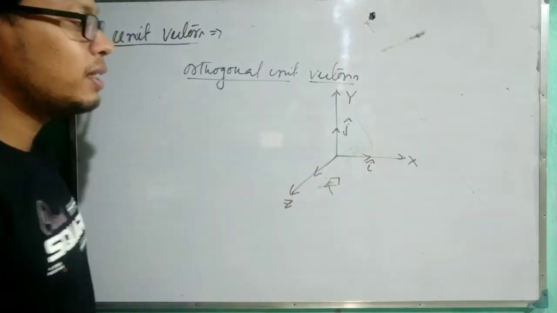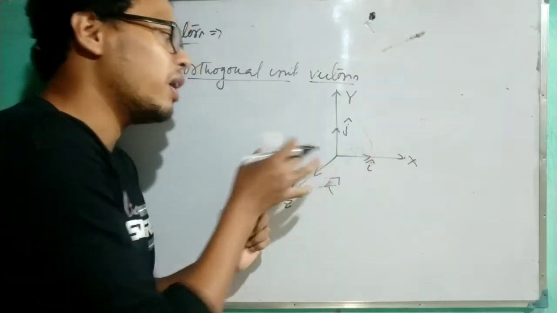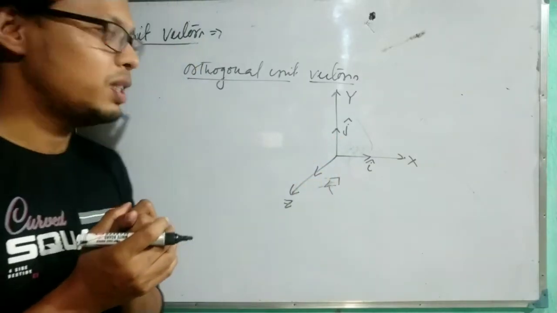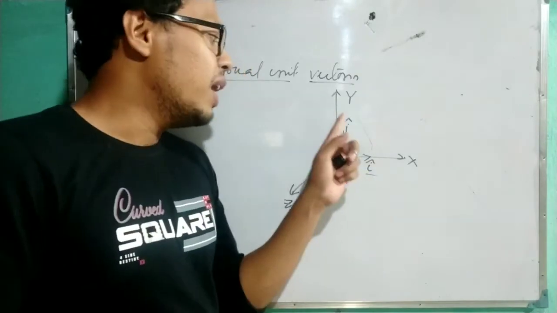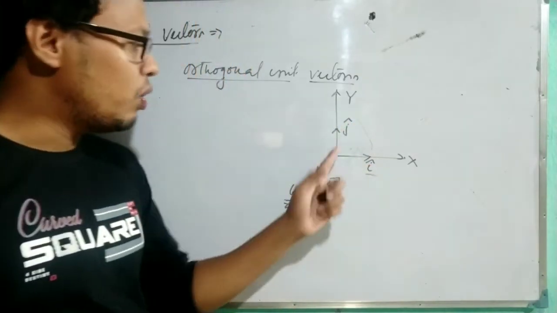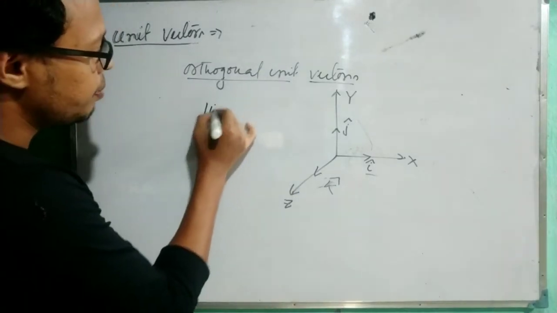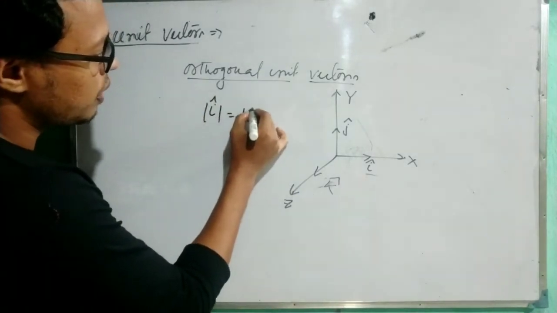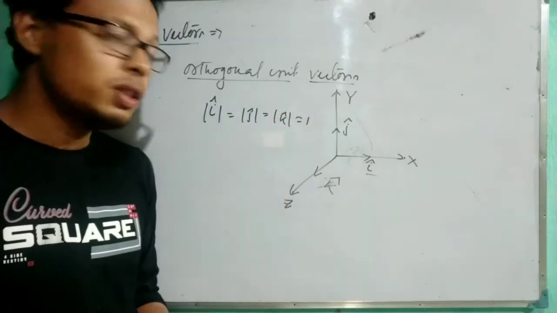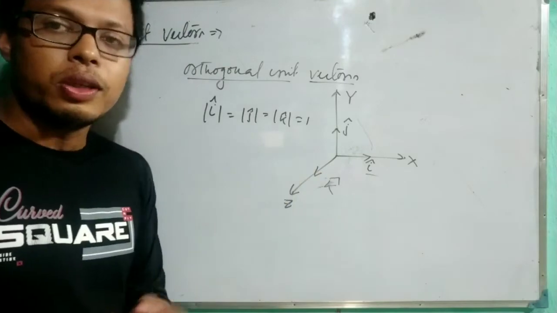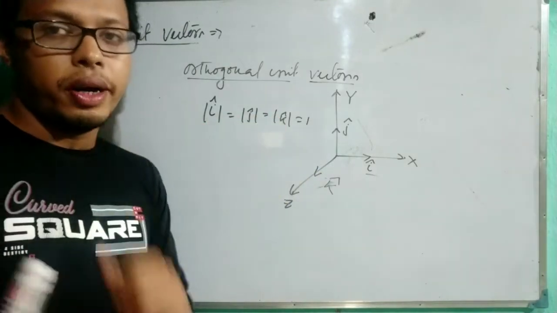These are called the orthogonal unit vectors, meaning these vectors are perpendicular to each other. Obviously remember that modulus of i cap equals modulus of j cap equals modulus of k cap, which equals 1, because they are all unit vectors.